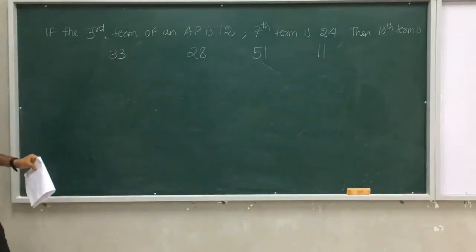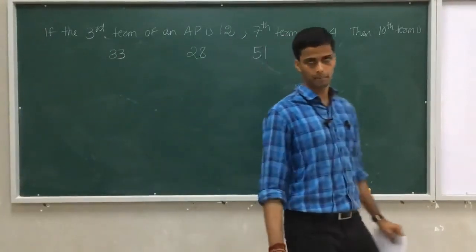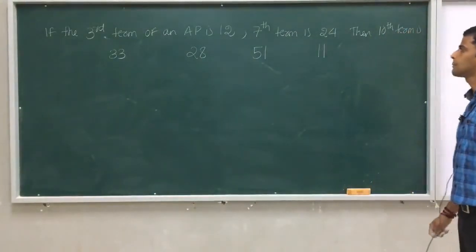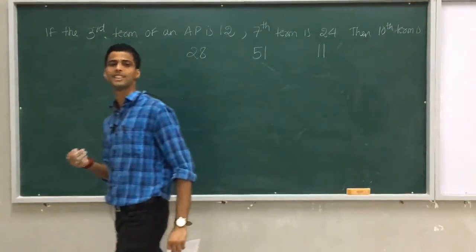If the third term of an AP, they only told it is an AP, is 12, and the seventh term is 24, what is the 10th term?